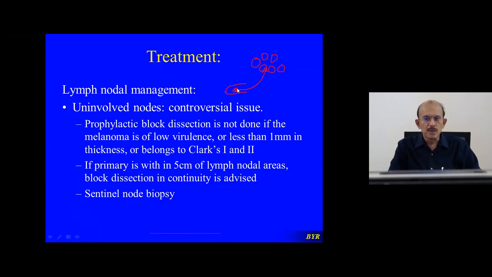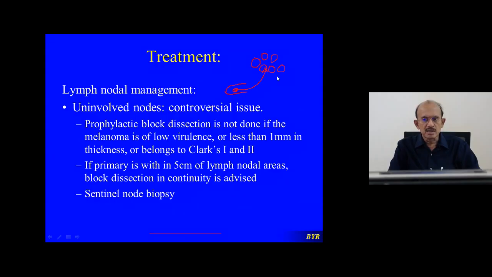So sentinel node biopsy means you pick up the first lymph node which drains that particular area. If melanoma is there at the base of the toes, you inject the isosulfan blue dye there. After 45 minutes, you will find the dye being concentrated in one lymph node.